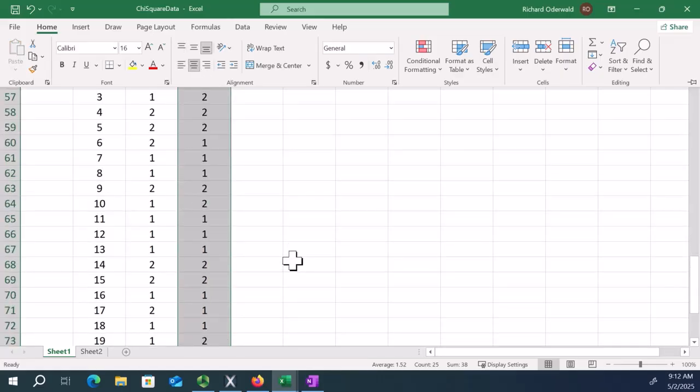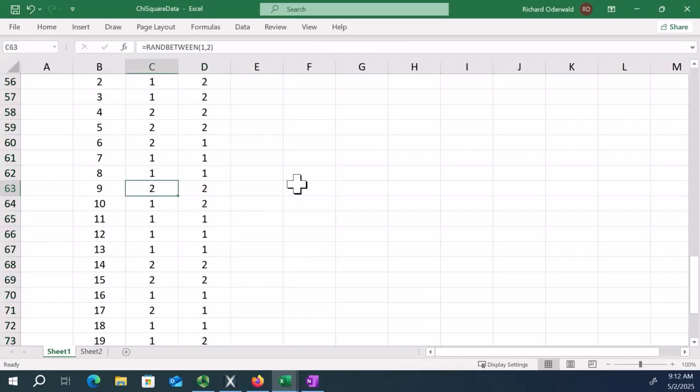And the only reason to do this is now we have a static setup of coin flips. Every time you put an entry in, this first column will change. We don't need that. We've got our numbers.